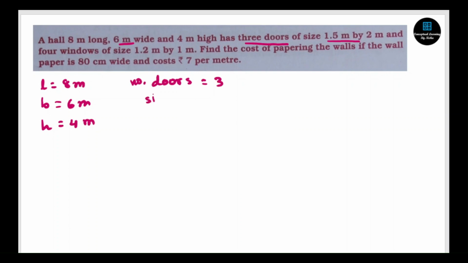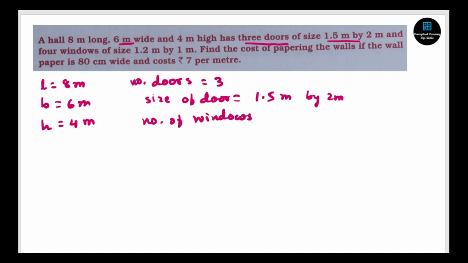And size of door equals 1.5 meter by 2 meter. And 4 windows. So number of windows equals 4, and size of window equals 1.2 meter by 1 meter.